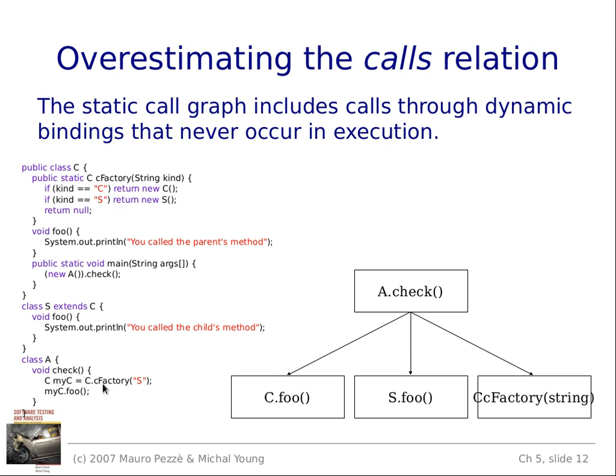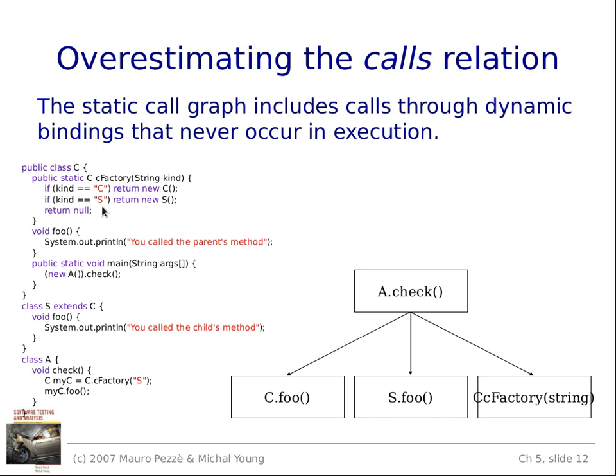First thing it does is create myc with c.factory(s), so it's calling a function right here. So a.check depends on this factory function call up here. Then it's also going to call myc.foo. Notice that it's a new kind.